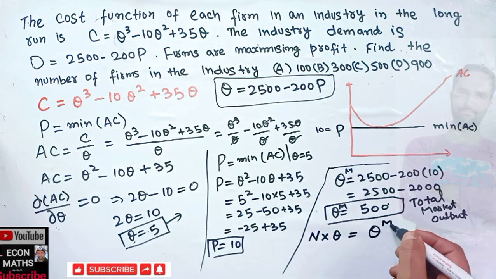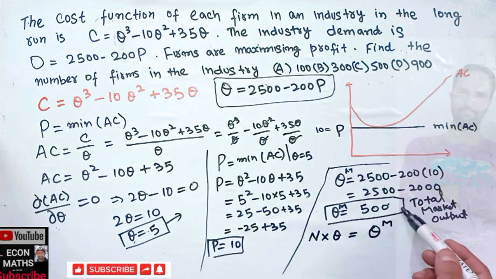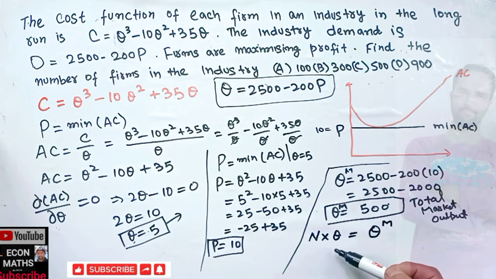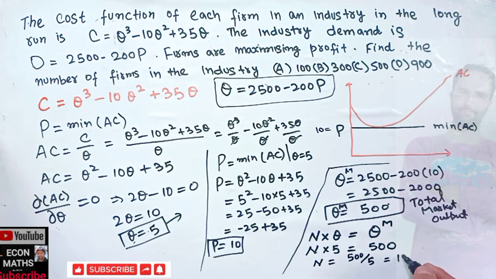Simple logic: if this is our total output and each firm is producing 5 units of output, I can write N times 5 is equal to 500. This is the industry output, this is the firm's output. Then the number of firms will be 500 upon 5, which gives us 100. So the number of firms in the industry will be equal to 100.